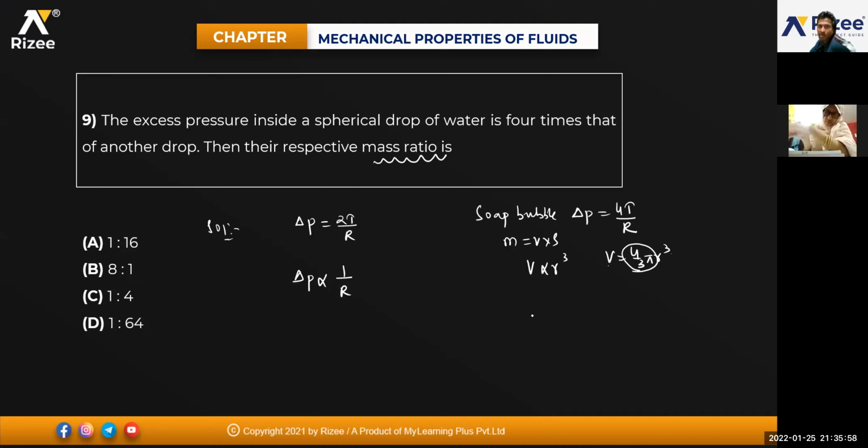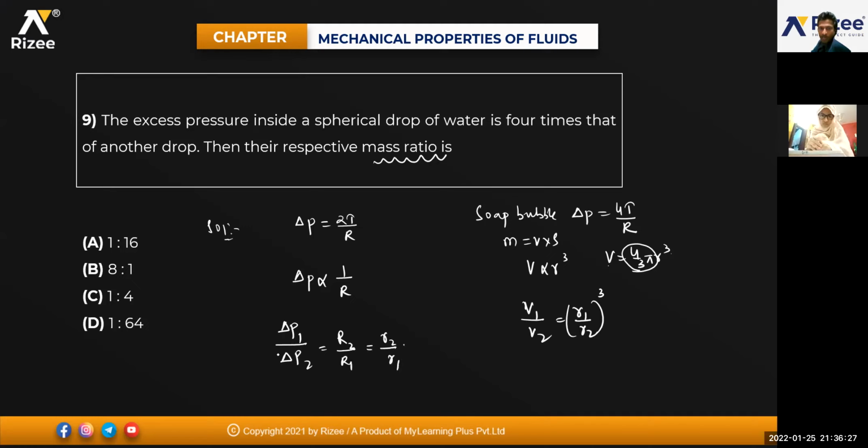Then he's asking the ratio of the masses. That means V1 divided by V2 is equal to R1 divided by R2 whole cube. So delta P and R here are inversely proportional. Pressure is given as how much? Excess pressure inside the spherical drop of water is 4 times that of the another droplet. That means excess pressure of the first droplet divided by excess pressure of the second droplet is equal to R2 divided by R1. Here I can take it as small r also, no problem.